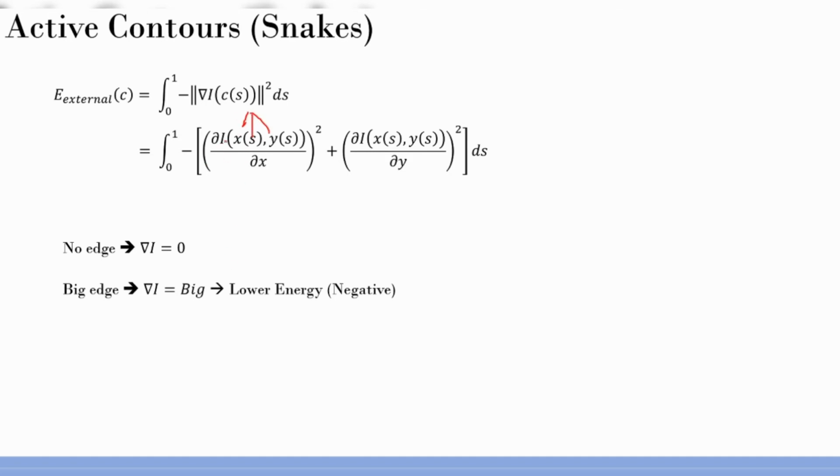Because the intensity difference is going to be very high, and I want to go in that direction. But my overall objective is minimization of energy. So that is why I added a negative. So that means negative of this value, so it will be always going in a lower direction, right? So since my overall objective is minimization, I added a negative value here. That's a key factor you want to notice. So if there is a big edge, that's the direction I want to proceed.